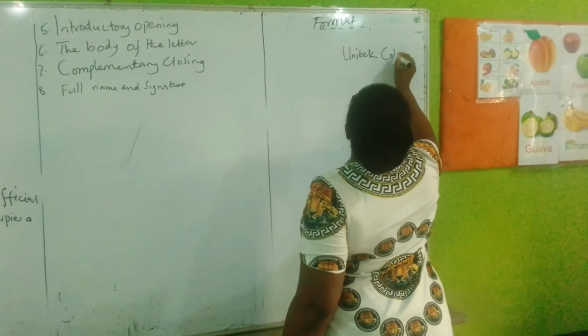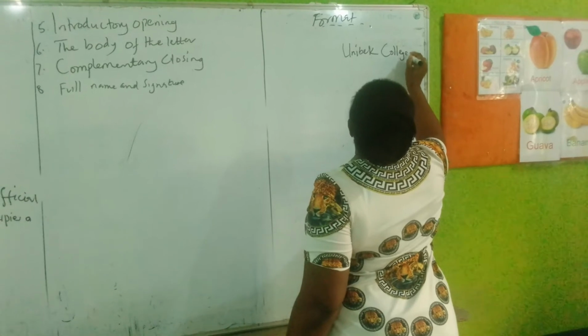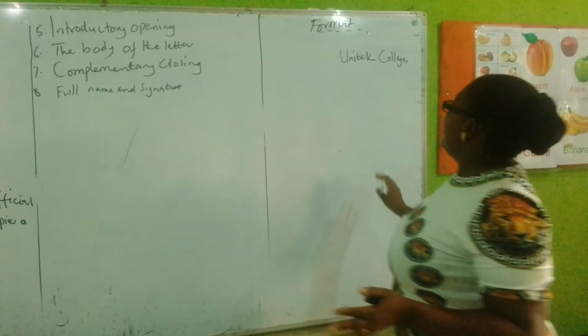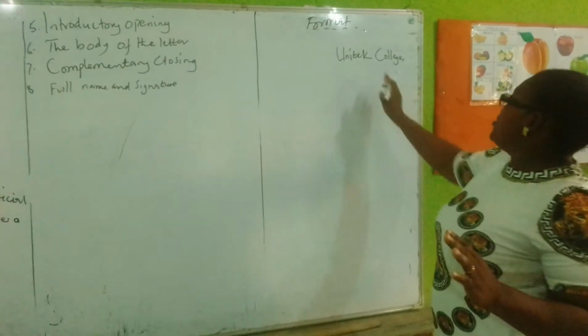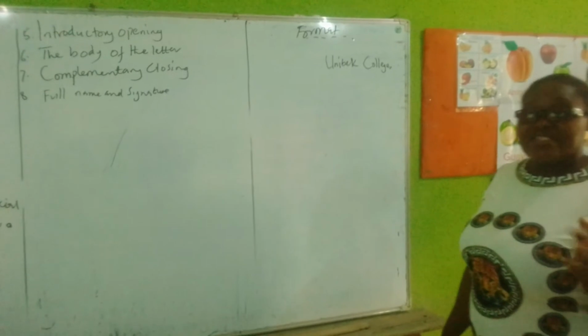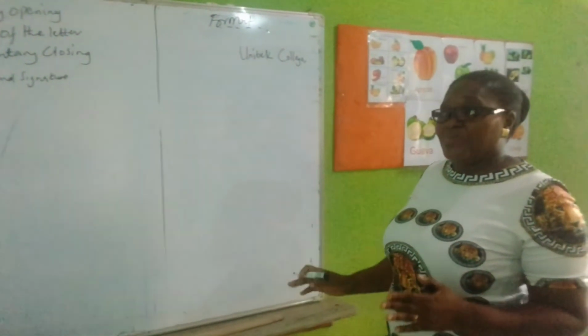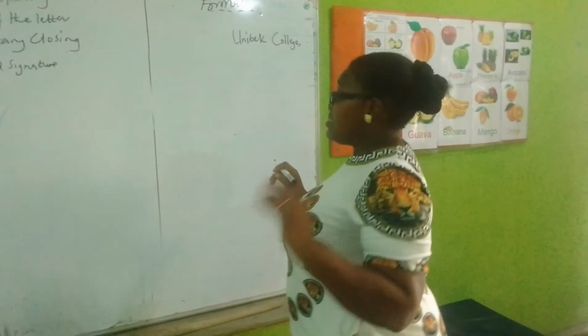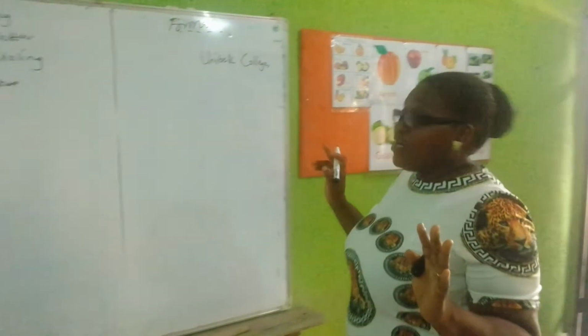Unibek College, you put your comma. Make sure you punctuate appropriately, because in any letter, punctuation has its own mark. That comes under mechanical accuracy, where they check your punctuation and your grammar. So you must punctuate appropriately. Unibek College.